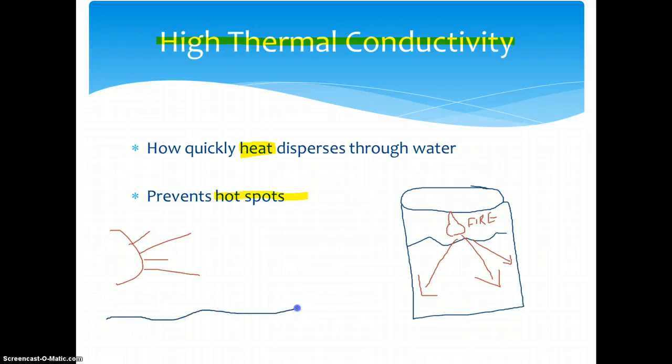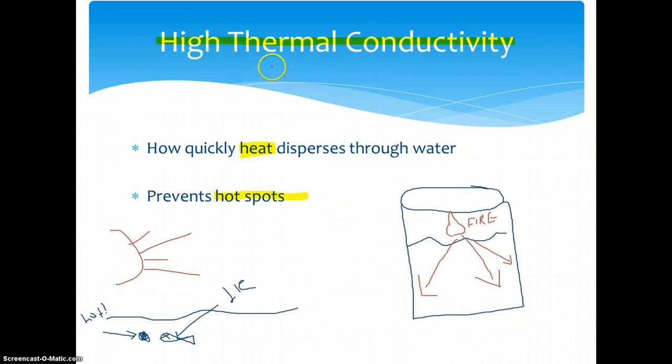If this was the water, and we have a little fish right here, and this right here was a hotspot, what would happen is that this fish would immediately die. The proteins would denature immediately. So this is an extremely good property of water.